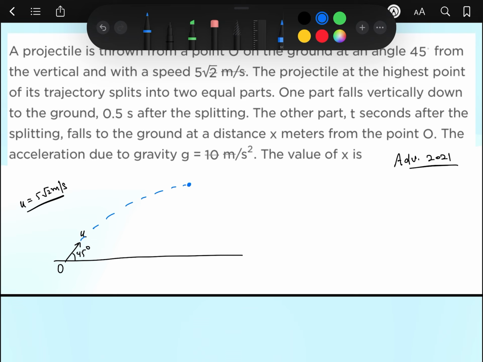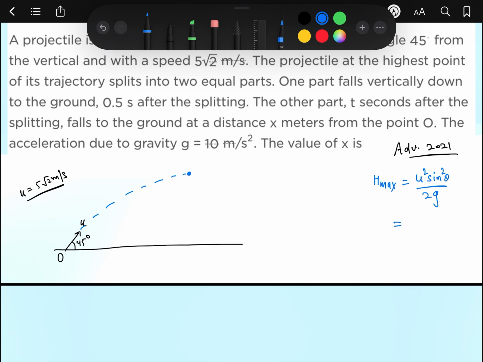That we can directly use the formula. H max will be equal to u square sine square theta divided by 2g. So what is the value of u square? That is 5√2 square, that means 25 multiply 2 multiply sine square theta. Here theta is equal to 45 degree, that means it will be 1 by 2, square of 1 by √2, divided by 2g, 2 multiply 10.